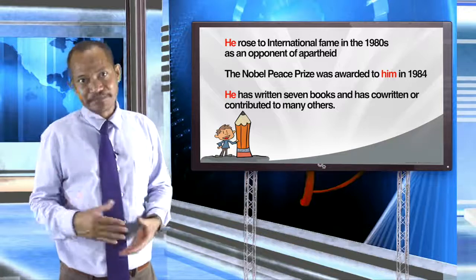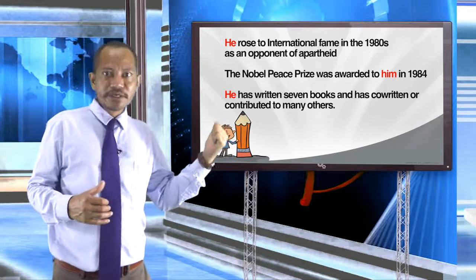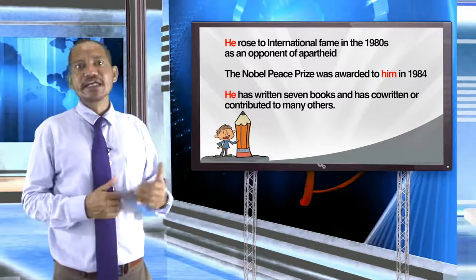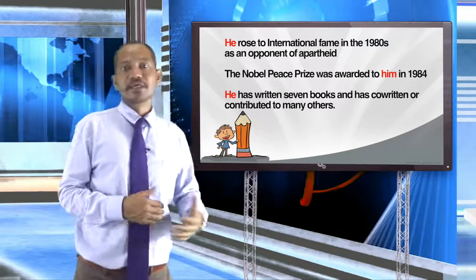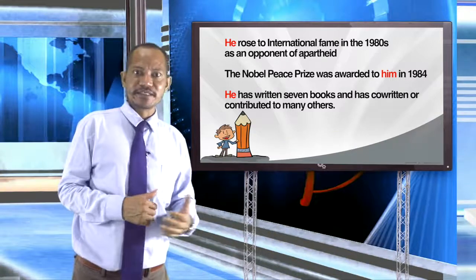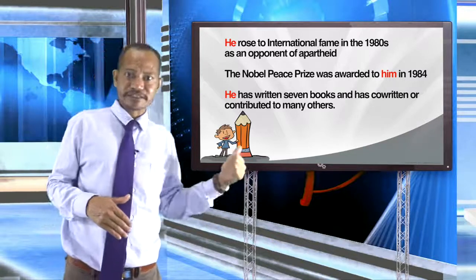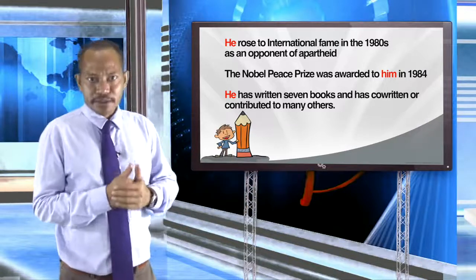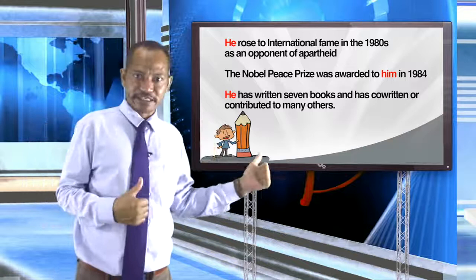So, you see, the word he is a form of personal pronoun that serves as the subject of the sentence, and you can see that he comes before the verb, as in he rose and he has written. The most important thing to remember is that when he serves as the subject of the sentence, he is the person or thing doing the action in the sentence.